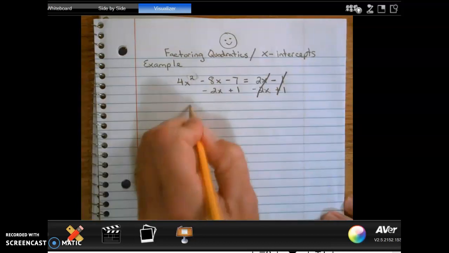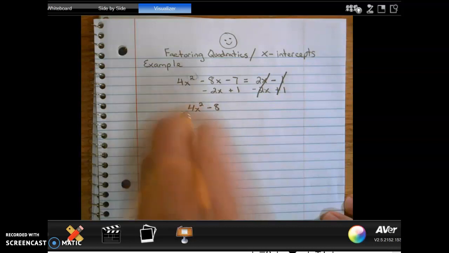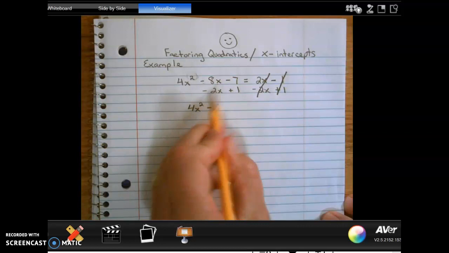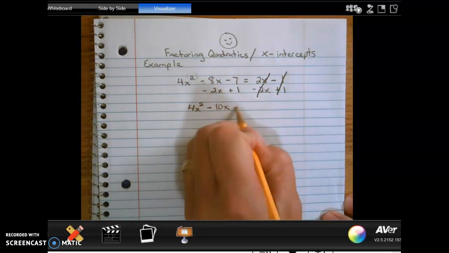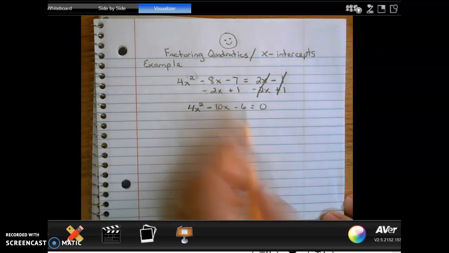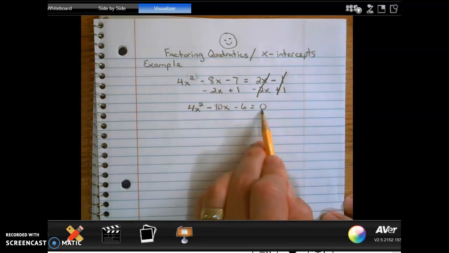Okay, so now we have negative 8x minus 2x, we get negative 10x. Okay, so always set your quadratics equal to 0 when you're going to factor or when you're going to solve them.